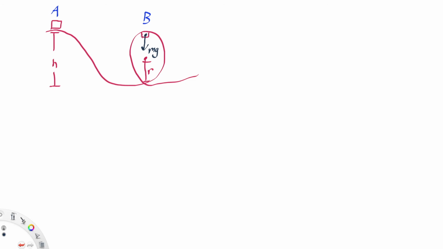So if the cart is at the top of the loop, its weight is pulling down on it, and the normal force between the track and the cart is pushing down on it. So sum of forces in the y direction at B is, and here we'll say that for convenience, down is the positive y direction.